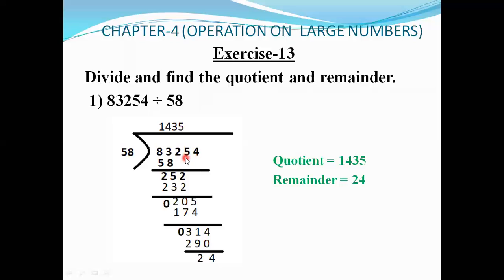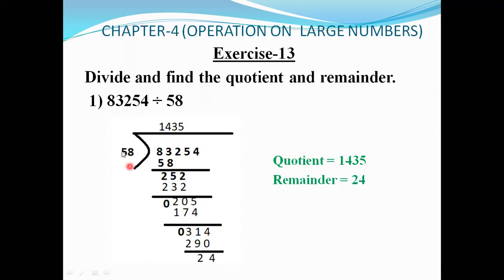Now take the number 5, the next number after 2, and divide 205 by 58. The quotient will be 3. Now 174, and 174 subtracted from 205 we get 31, and now this 4 is written here. Now 58 divided into 340 we get 290, and the remainder is 24.